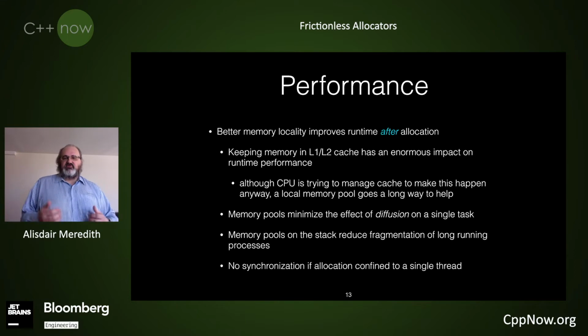Some of the techniques we can do with allocators, such as allocating regions off the stack, naturally reduce fragmentation in long-running processes. So again, that's another part where performance and reliability can come from. And yet again, no synchronization if we know that all the allocations within the current process will be local to the current thread and not shared between threads.